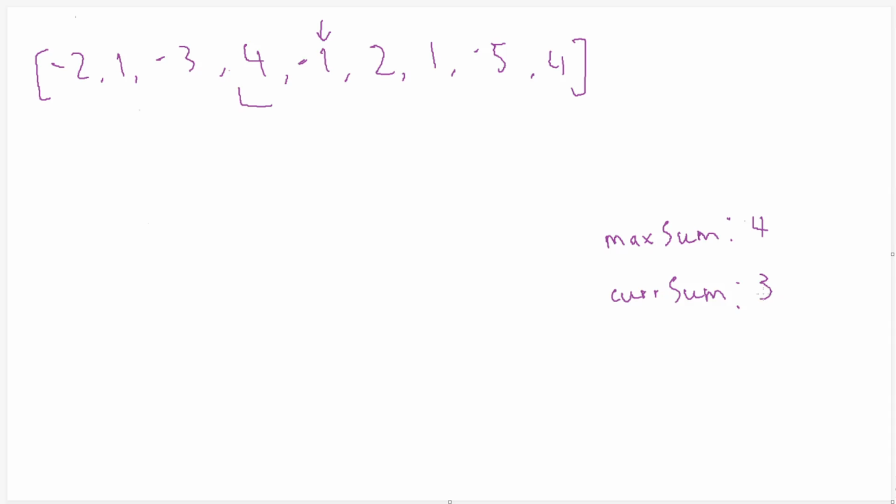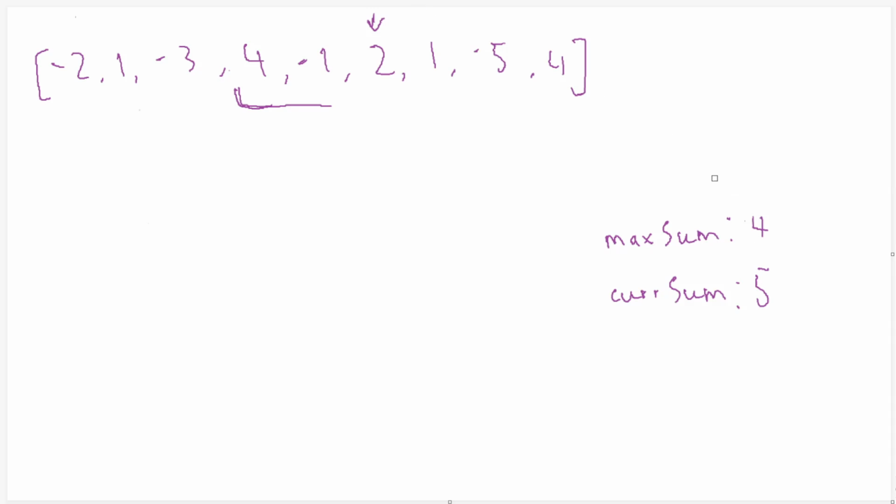But our sum is still floating above 0, so we can safely include this in our subarray. Then we move the pointer on and add it to the sum. It's 5 now. That's even better.